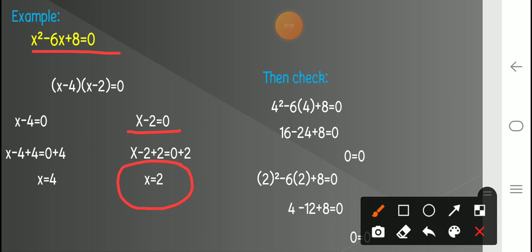So 2 squared minus 6 times 2 plus 8 is equal to 0. 2 squared is 4, 6 times 2 is negative 12, plus 8 is equal to 0. So the answer is 0 is equal to 0. So it satisfies our given equation.